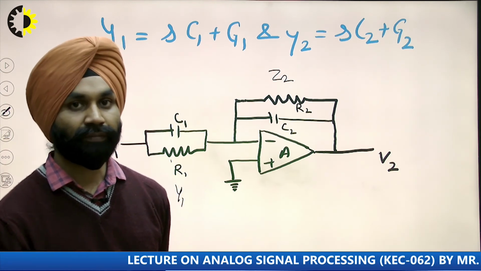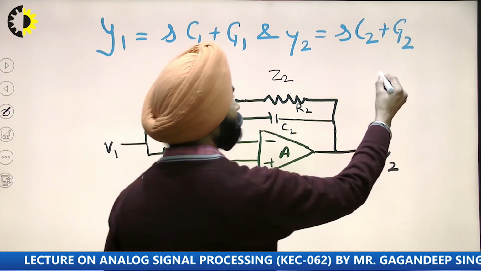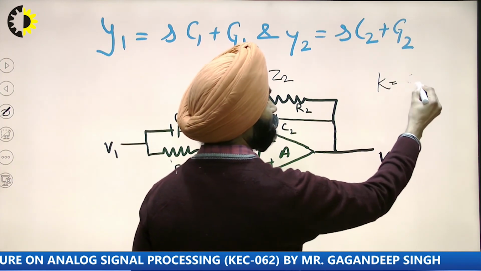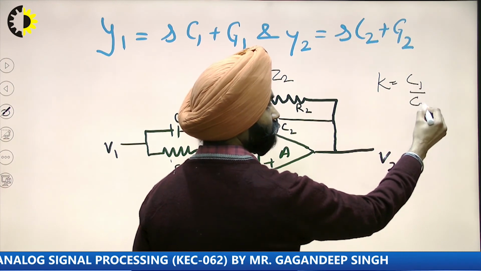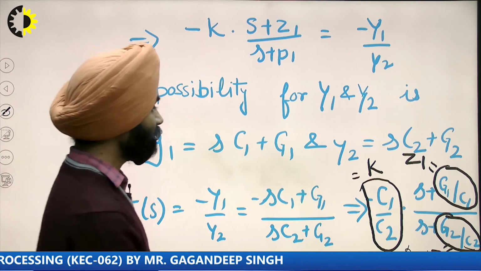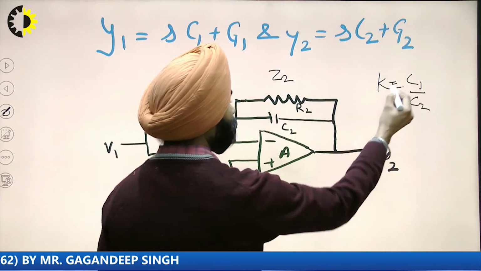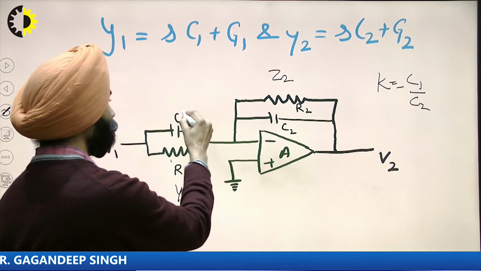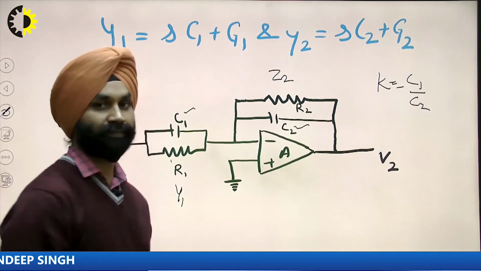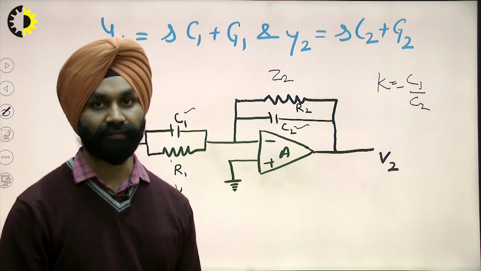Now from the previous equations of the transfer function, we have seen that K is given by minus C1 by C2. So these two capacitances will decide the choice of K.